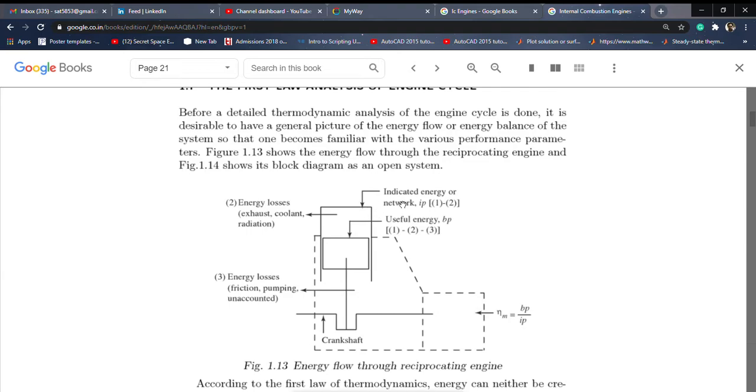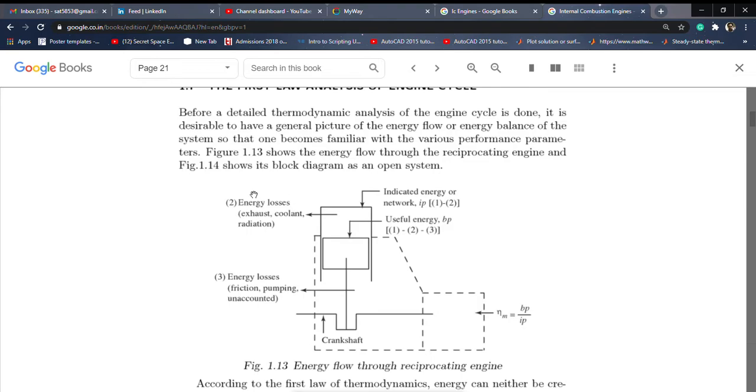What is this indicated energy? We will discuss it. Then you have useful energy, that is your brake power, that is 1 minus 2 minus 3. So indicated power is 1 minus 2, you can see here indicated power is 1 minus 2.